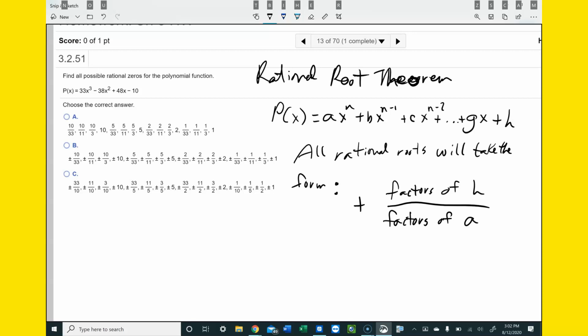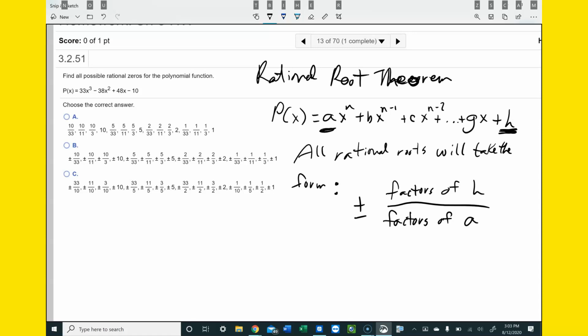And these can all be plus or minus. So in other words, you take every factor of the constant at the end and put it over every factor of the leading coefficient, and that will give you all of the possible rational roots.